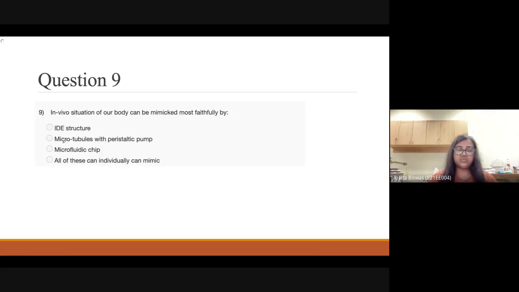So next, move toward question number 9. The in vivo situation of our body can be mimicked most faithfully by: first option is a Petri dish structure. Second option is microtubes with a peristaltic pump. The third option is the microfluidic chip. And the fourth option is all of these can individually mimic. So what is the right answer?